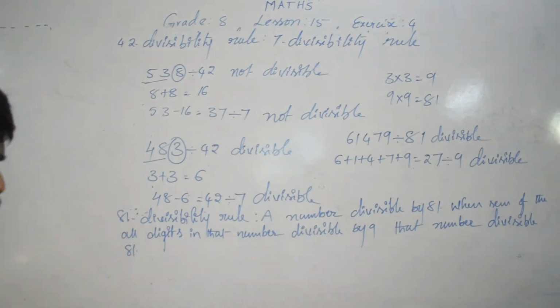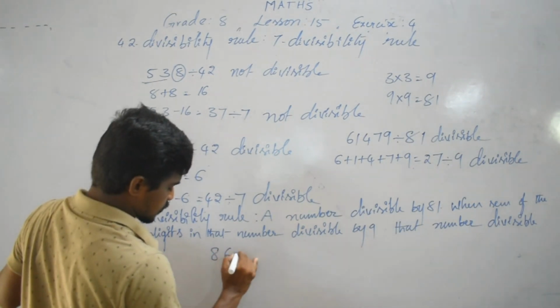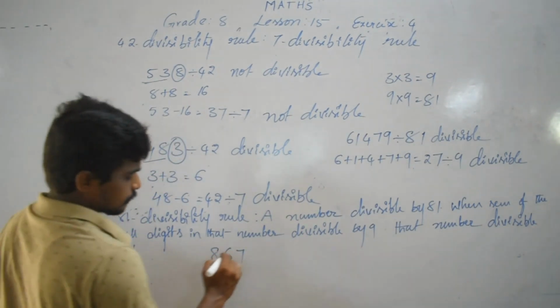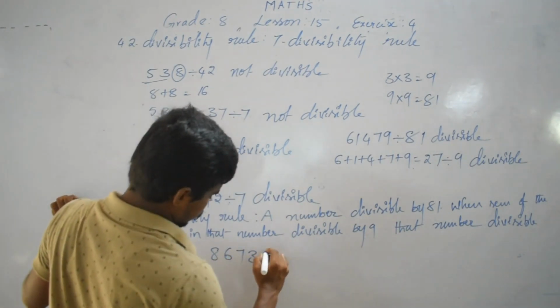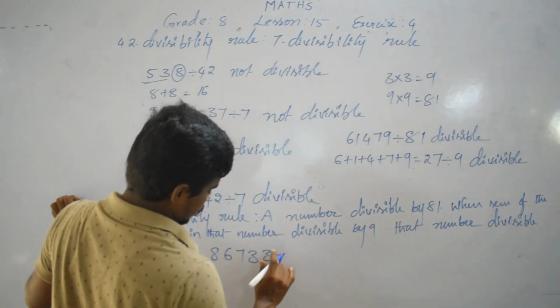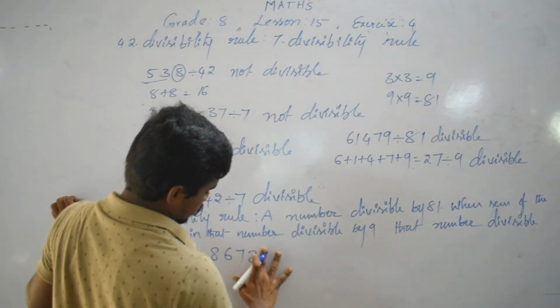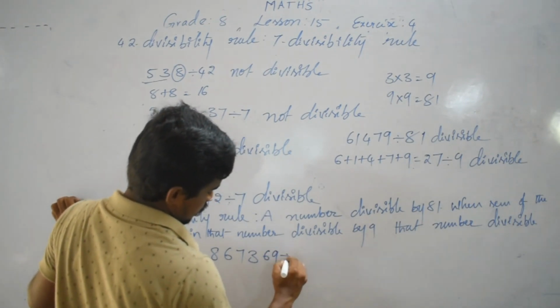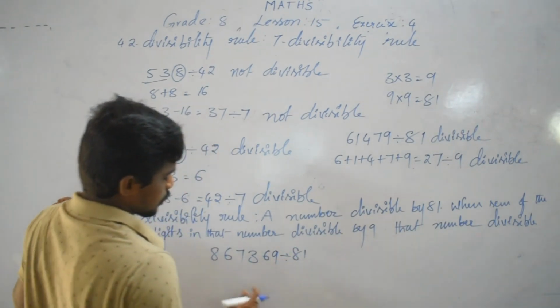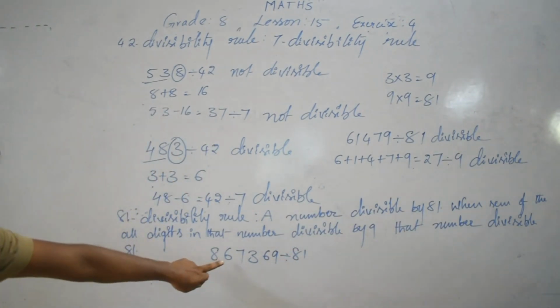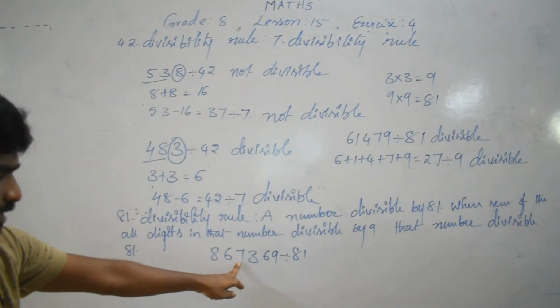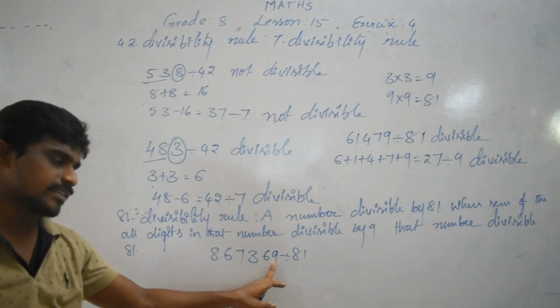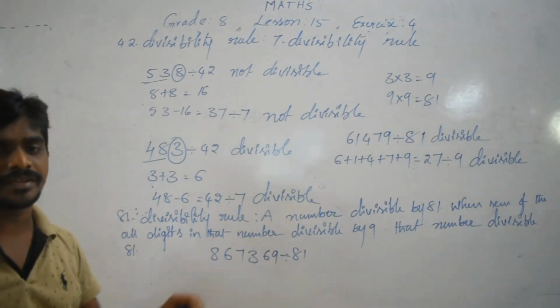And next another problem, 8,67,369 divided by 81.